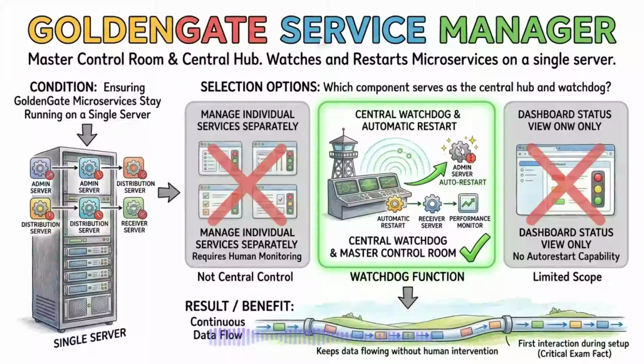The central hub of this new architecture is called the Service Manager. You can think of the Service Manager as the master control room for your entire GoldenGate environment. It operates as a watchdog, ensuring that all the other microservices are running smoothly on your server.